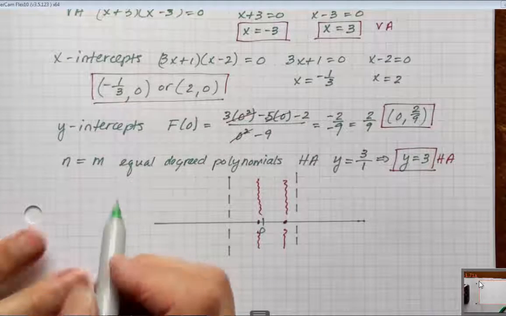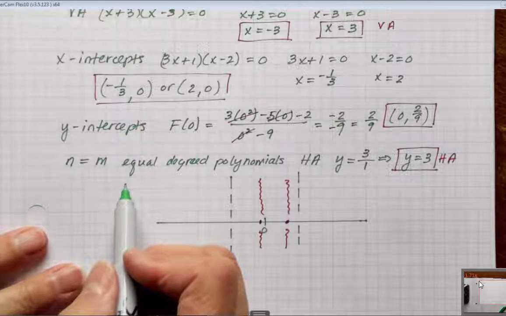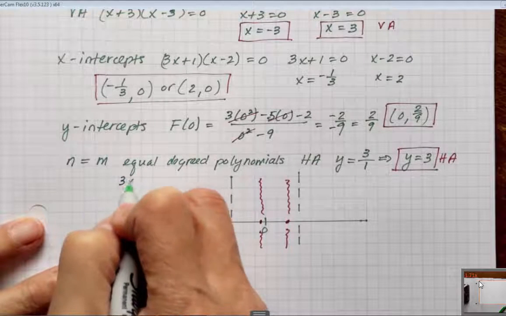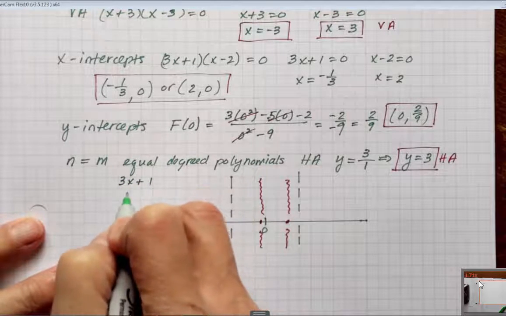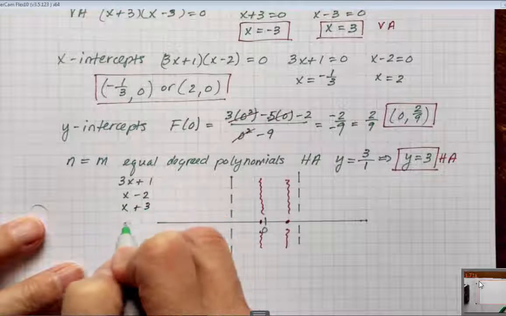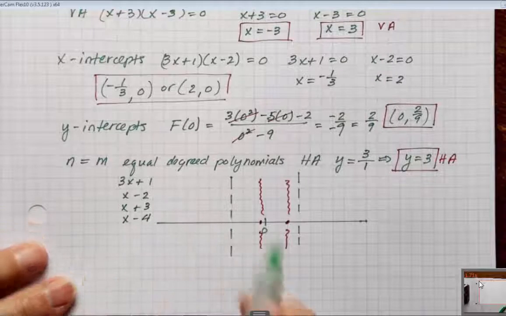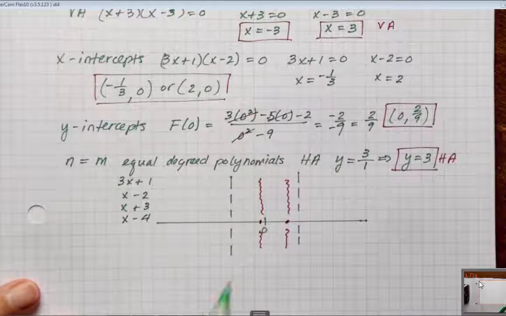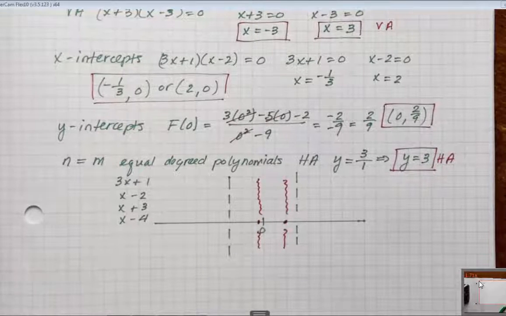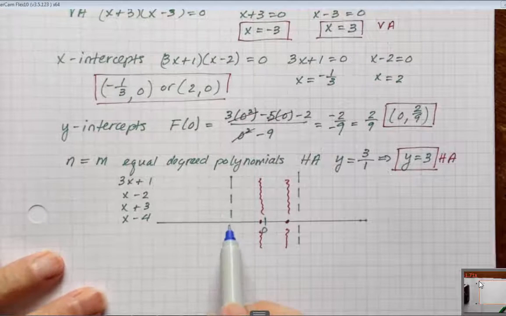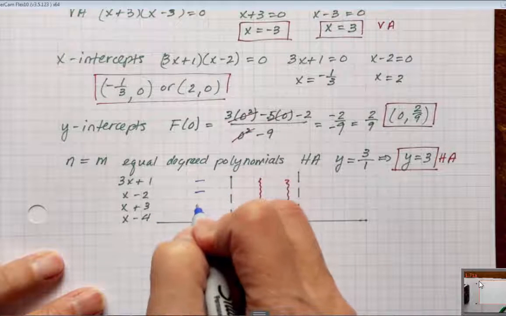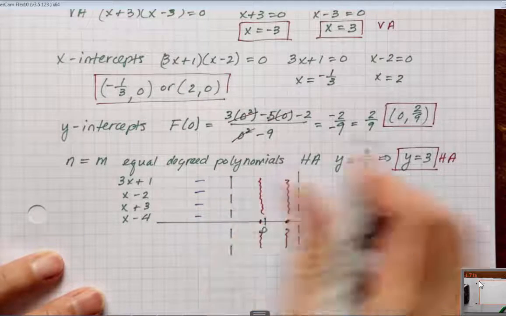Then over on the left side, I'm going to write down each one of my factors in both the numerator and the denominator. We have 3x plus 1 and x minus 2 in the numerator, and x plus 3 and x minus 3 in the denominator. Then I'm going to do my sign chart for each one of these intervals. I'm going to look for a number to the left of negative 3, so that makes each factor negative, negative, negative, negative.